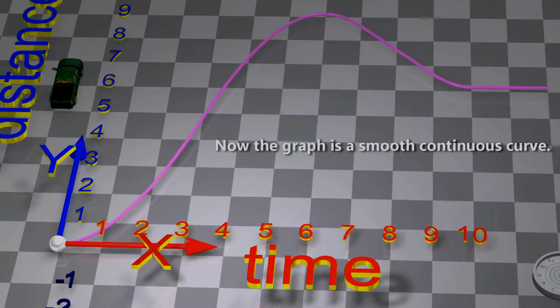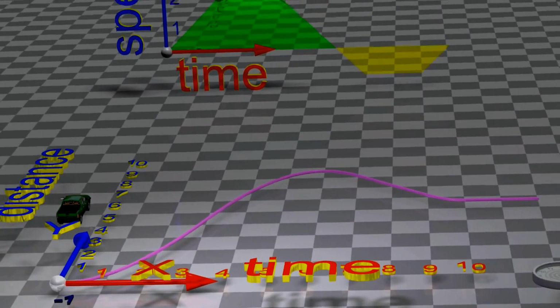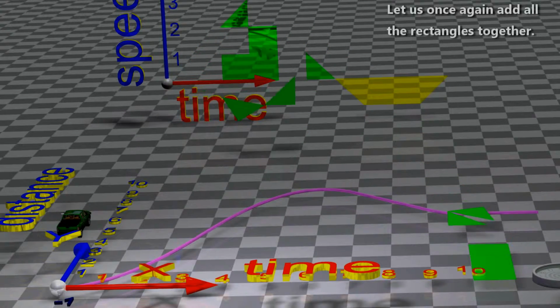Now the graph is a smooth, continuous curve. Let us once again add all the rectangles together.